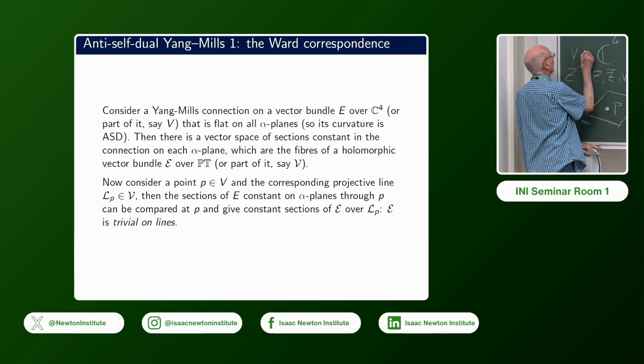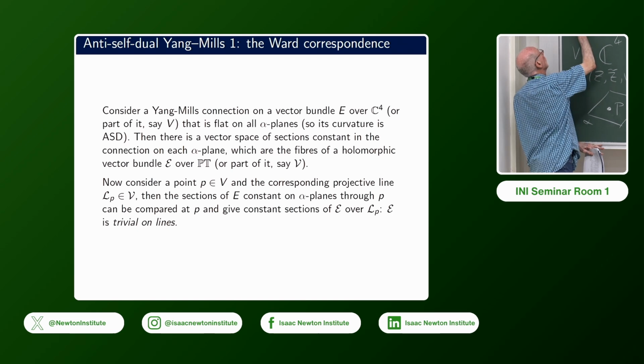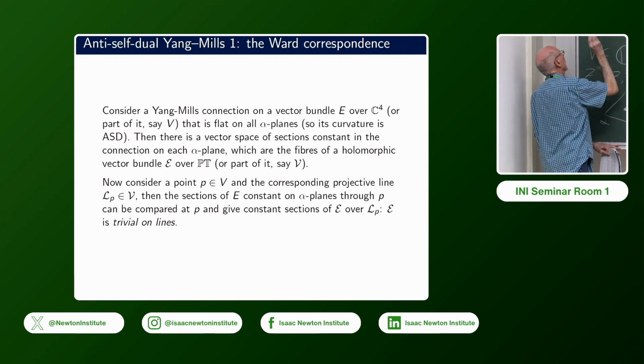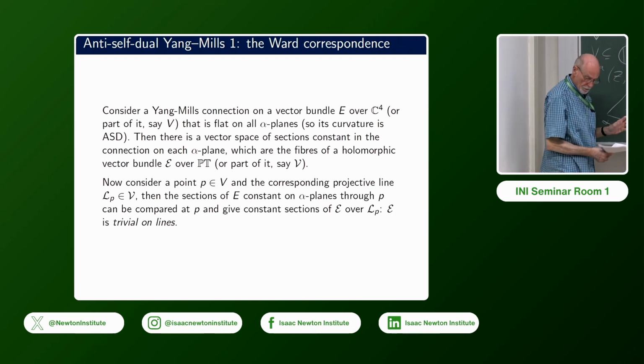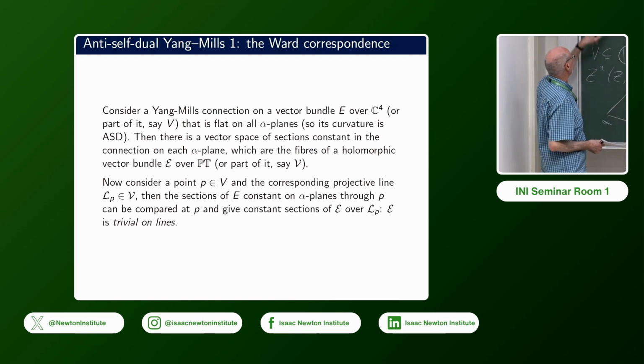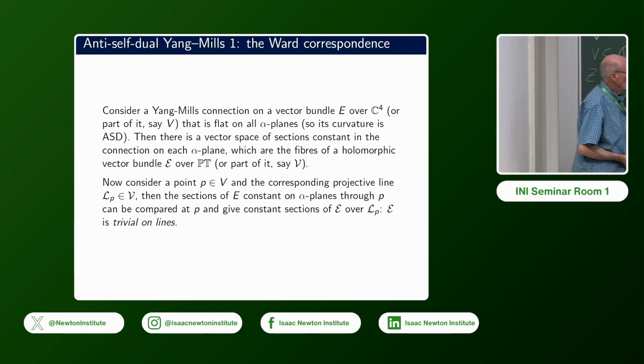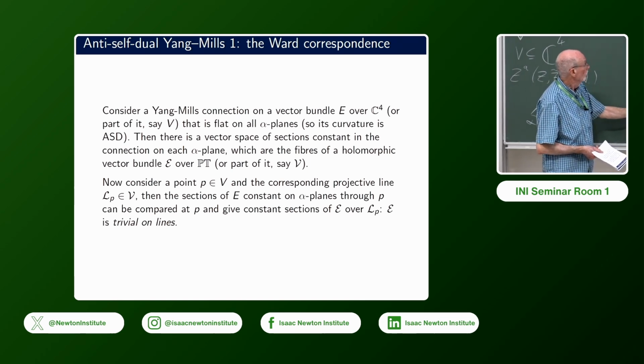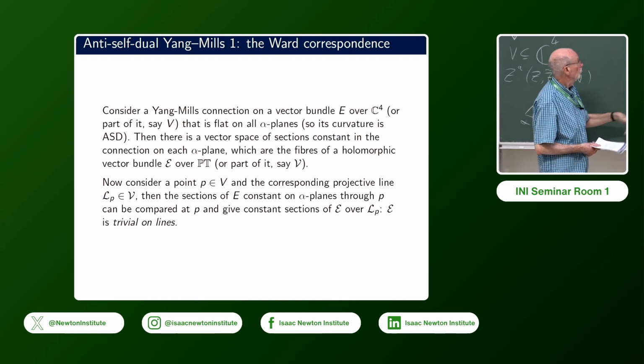So I've got a bit of the C4, and I've got the Yang-Mills bundle on it, and it's anti-self-dual. That's the assumption. So it's anti-self-dual, and that means on alpha planes it's integrable. The connection is flat, so I've got a vector space of solutions on the alpha plane. Oh, well, that gives me a vector space of solutions above this point.